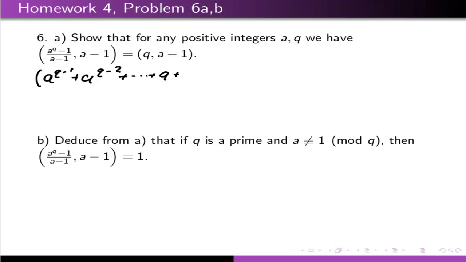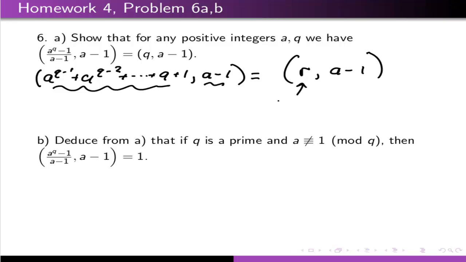A plus 1. Right? That's what you get when you divide these two numbers or you divide two polynomials. You're thinking of getting that. And now just divide this integer, this big number, by that and find the remainder. So you'll have r, a minus 1, where this is the remainder in the division.